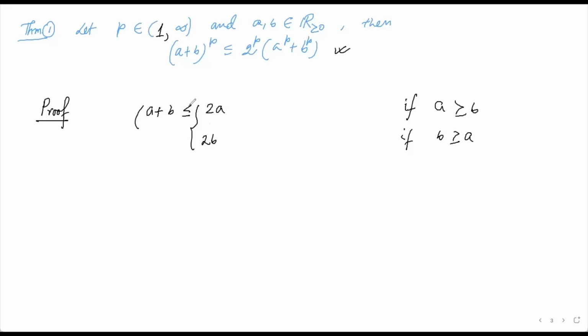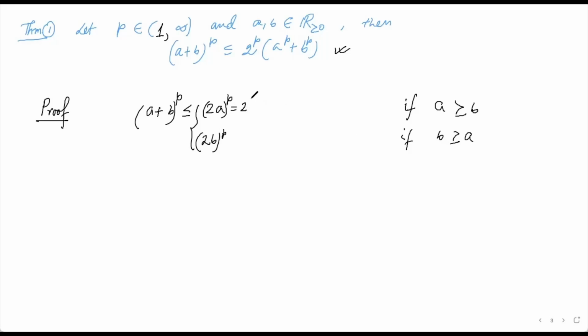And therefore, (a plus b) whole power p is less than or equal to (2a)^p when a is greater than or equal to b, and similarly (2b)^p when b is greater than or equal to a. And what is this?